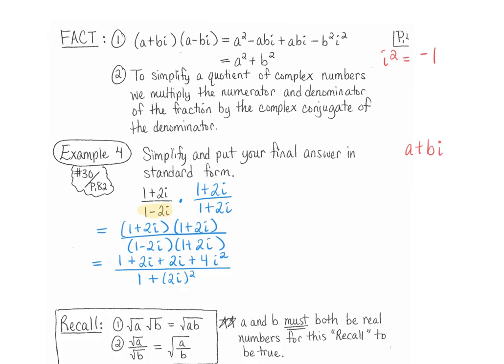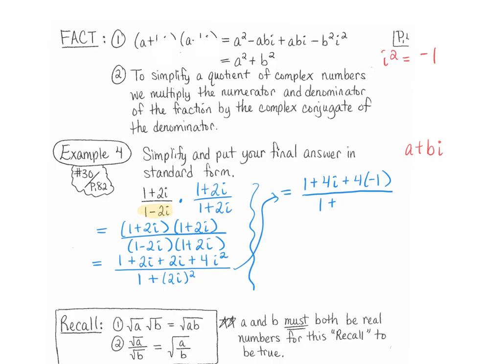So now, because of room, I'm going to go up here. This is equal to 1 plus, we combine like terms to get 4i, plus 4 times negative 1, all over a, which is 1 for us, so 1 plus b squared. Notice that for b, we're taking the b, not the i.